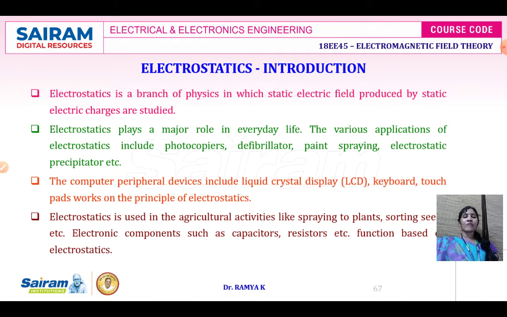We have more examples under agricultural activities like spraying plants and sorting seeds, and electronic components such as capacitors and resistors also function based on the electrostatic principle. So whatever applications you take in our day-to-day life, it is all working under the electrostatic principle.